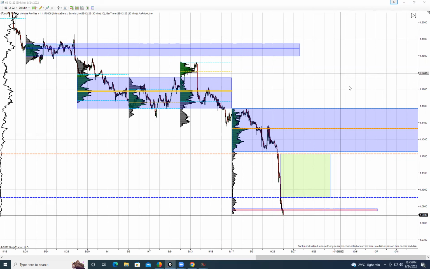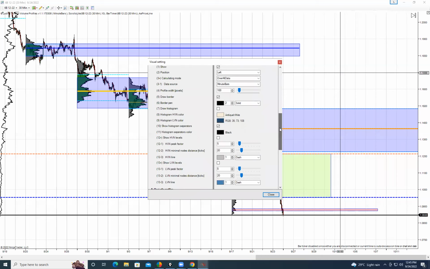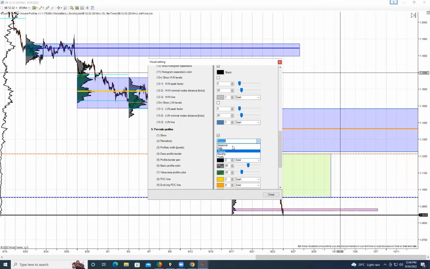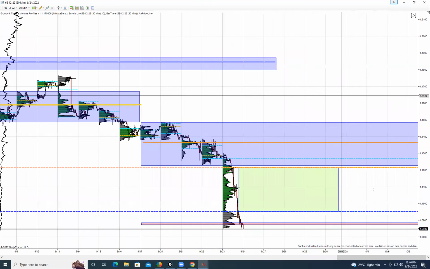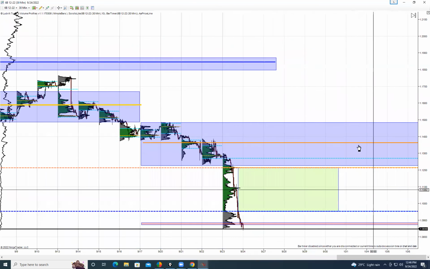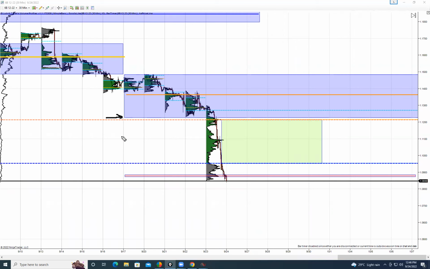So to answer your question, when I come back to the sessional, because now the sessional is going to show us the day-to-day approach, we can see what is below the weekly value area low of the week that has just ended. We have a virgin point of control, we have a virgin value area low, and we have some distribution here of high volume that is bearish.